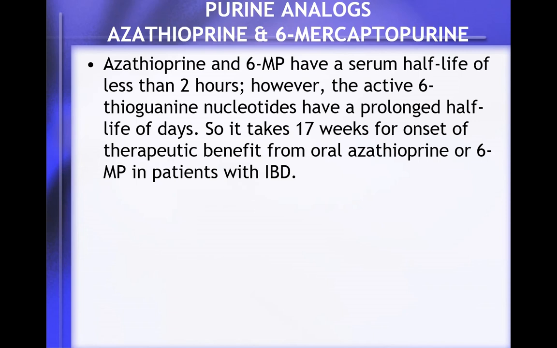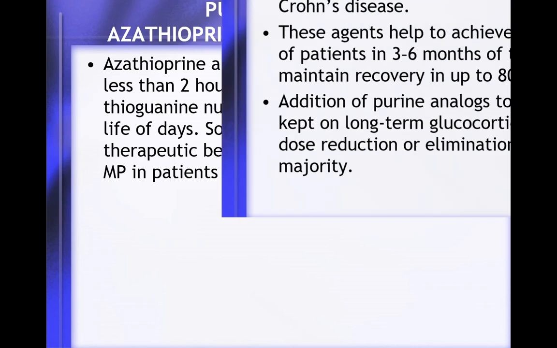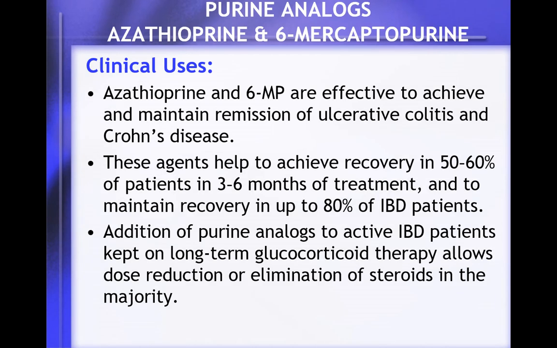So it takes 1 to 7 weeks for onset of therapeutic benefit from oral azathioprine or oral mercaptopurine given in patients with inflammatory bowel disease. Clinical uses of azathioprine and mercaptopurine: they are effective to achieve and maintain remission.